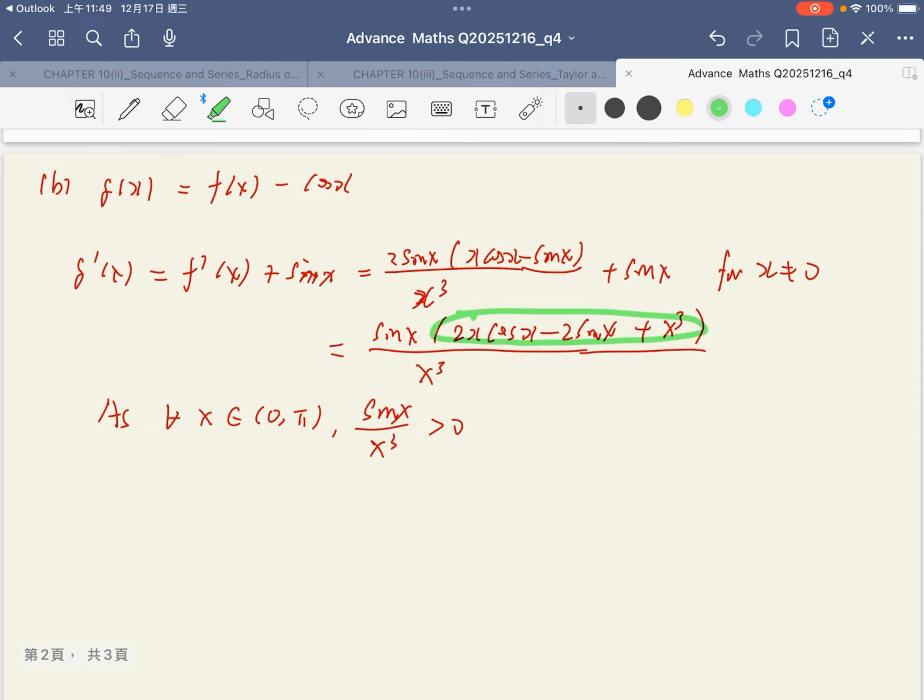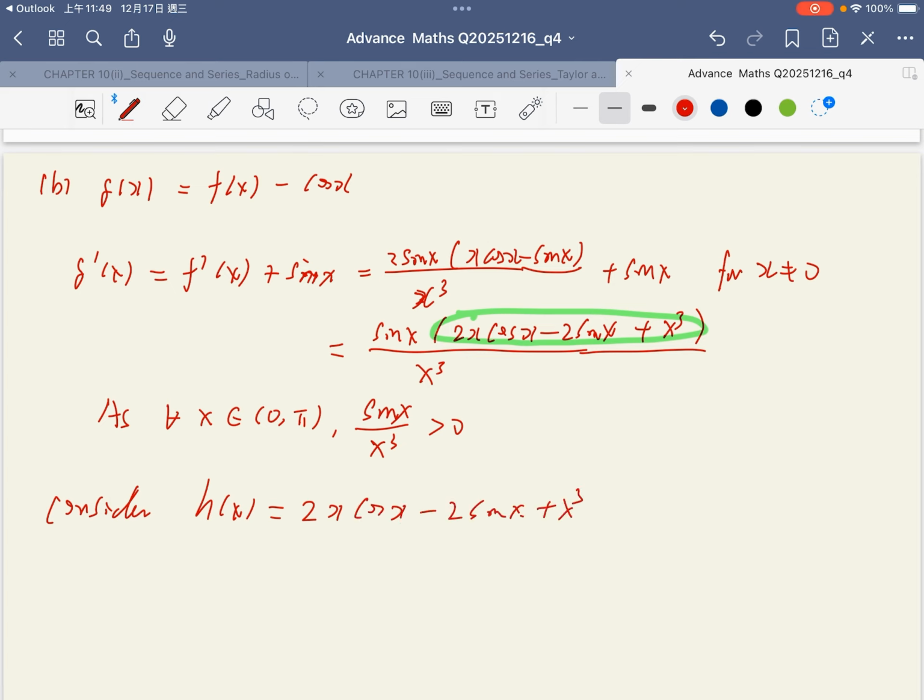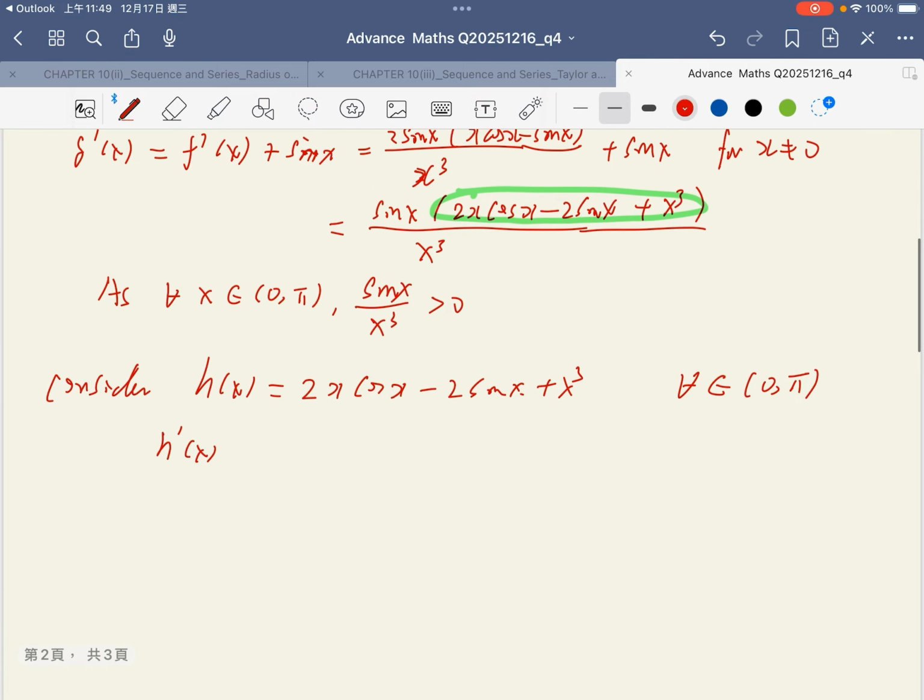Therefore, I consider h(x) equal to 2x cos x minus 2 sin x plus x cubed for all x belonging to (0, pi), and differentiate this one.